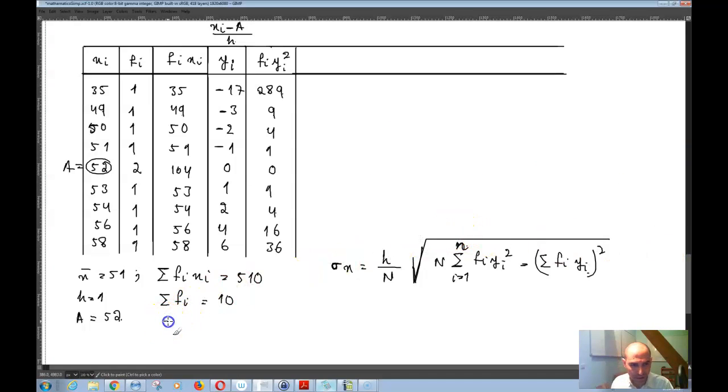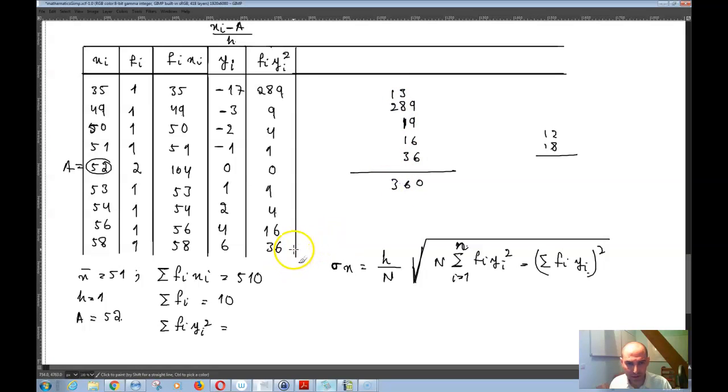And then sigma f of i y of i squared is equal to all of these numbers added together, which is basically 19 plus 16 plus 36 plus 289. That is equal to 360.